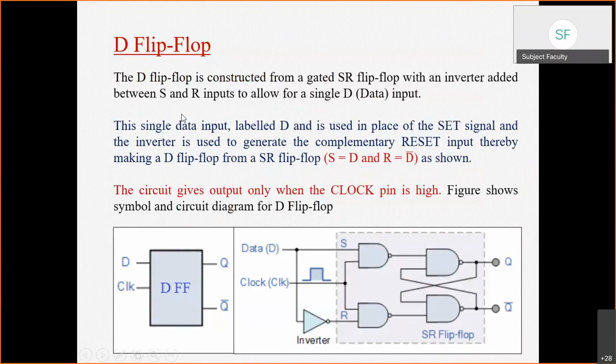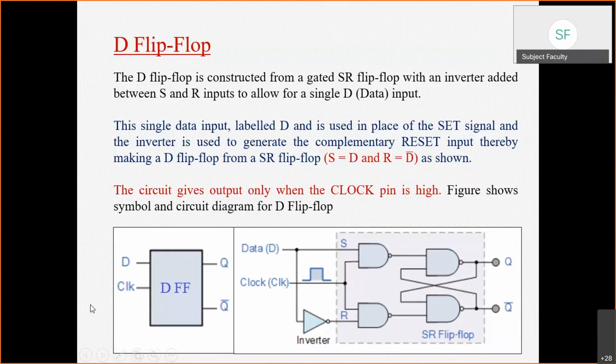Okay. So now we will see the D flip-flop. The D flip-flop is constructed from the gated SR flip-flop, with an inverter added between the S and R inputs to allow for the single D input. You can observe here, this is the block diagram of the D flip-flop. This D terminal is called the data terminal.